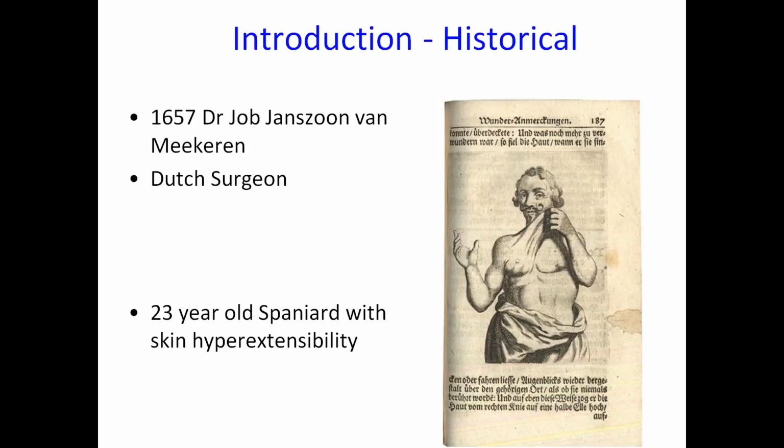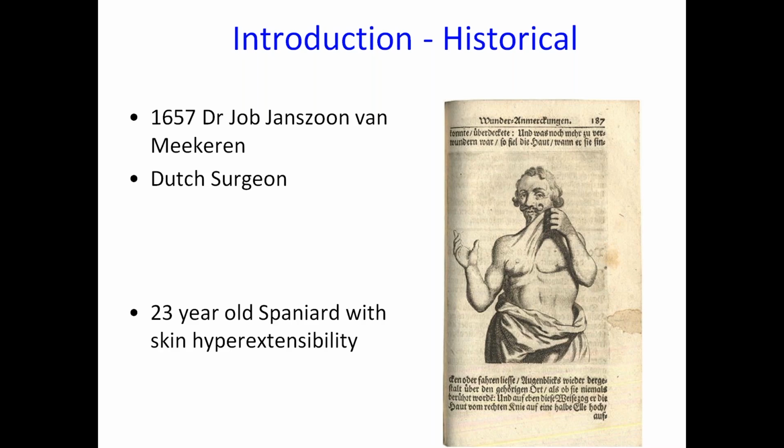And in regards to the historical, the literature suggests that Hippocrates in 400 BC was the first person to describe Ehlers-Danlos syndrome. But when we start to look at the more recent literature, and we're talking about the mid-1600s, it was a Dutch surgeon, Van Meekeren, who really gave the first description of Ehlers-Danlos syndrome.